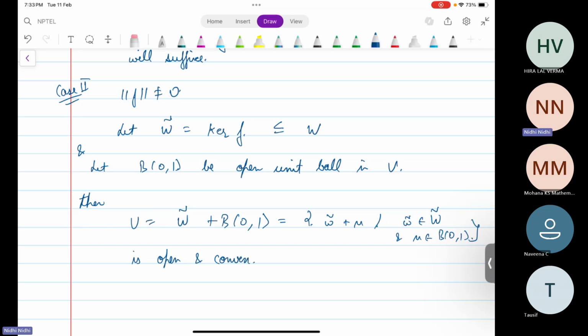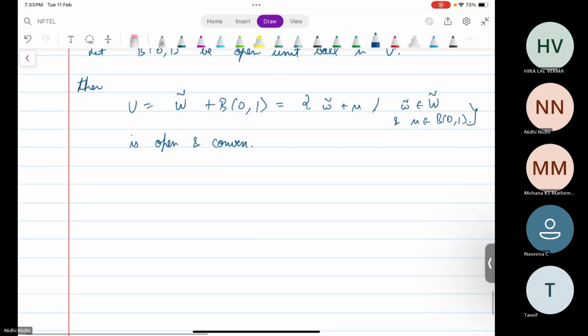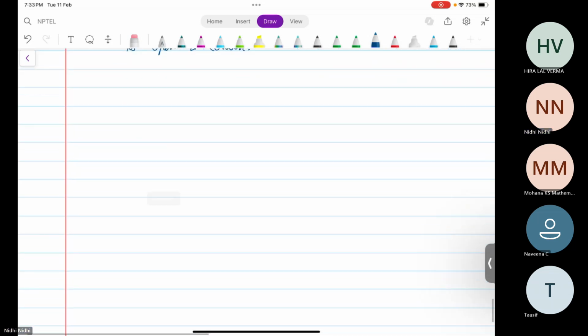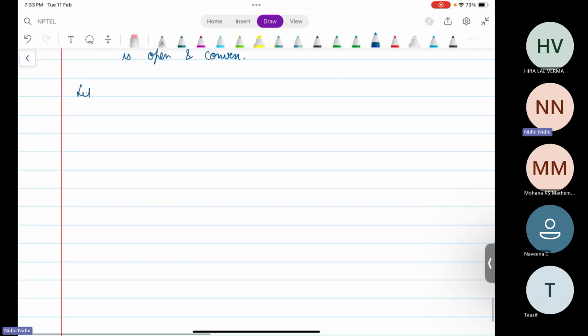Now we need to find some vector in W so that it is away from U, and hence we can apply the geometric version of the Hahn-Banach theorem. So let w belonging to W be such that f(w) is equal to norm f.